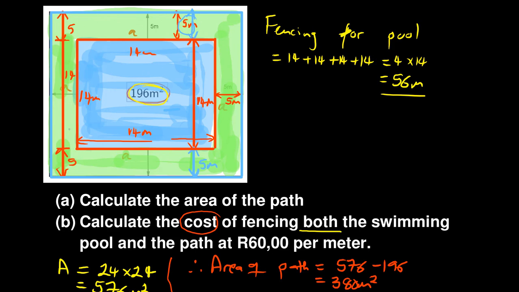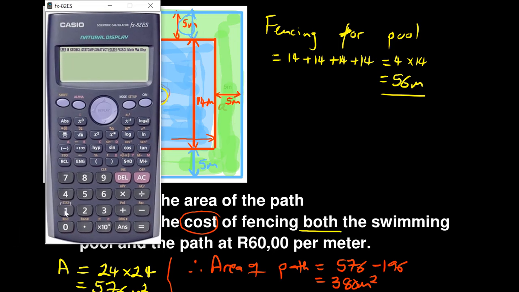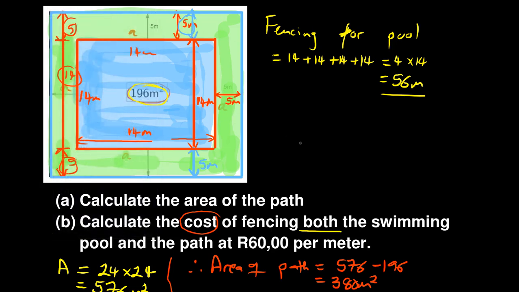So now if you still remember the length of this, we said it was 24, where it was 14 plus 5 plus 5. As I said, it was 14 plus 5 plus 5. We said it was 24. So in the same way, you are going to write fencing of outside.